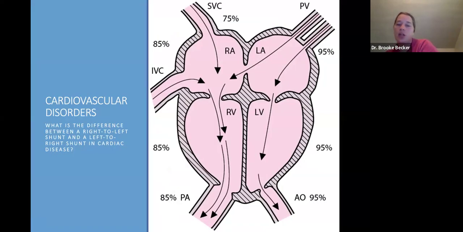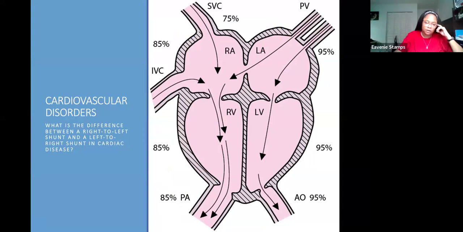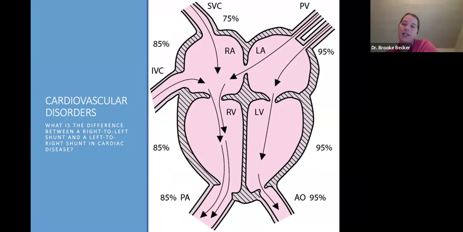Right to left shunt lesions are cyanotic. Yep, good. Left to right is acyanotic.